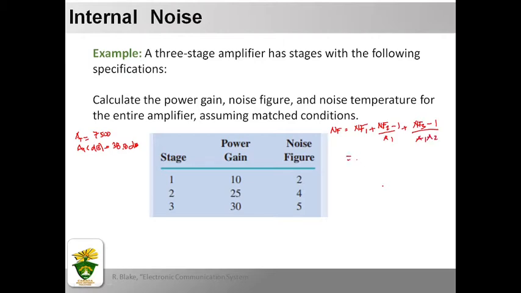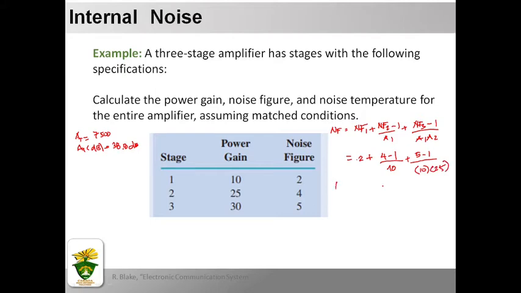So we have noise figure of stage 1 is 2 plus noise figure of 2 is 4 minus 1, and the gain of the first stage is 10, plus the noise figure at stage 3 is 5 minus 1 over 10 times A2, which is 25.